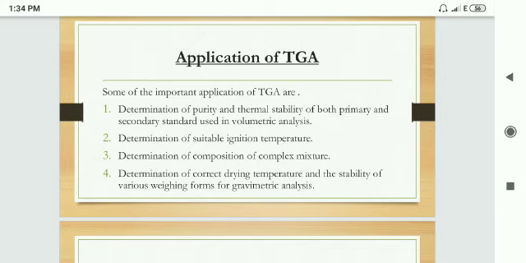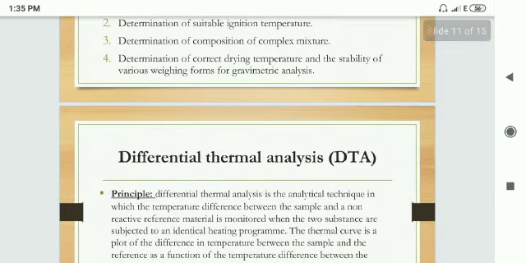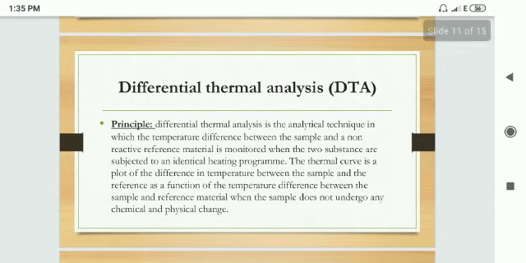It is also helpful for determination of the correct drying temperature and the stability of various weighing forms for gravimetric analysis. The second type of thermal method of analysis is differential thermal analysis.